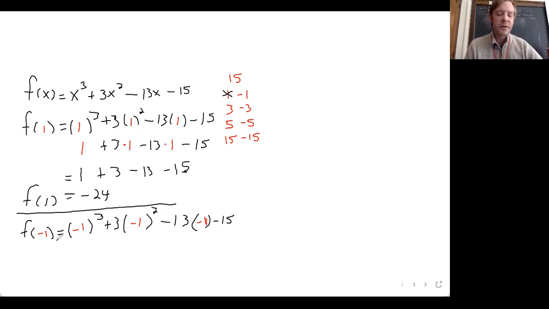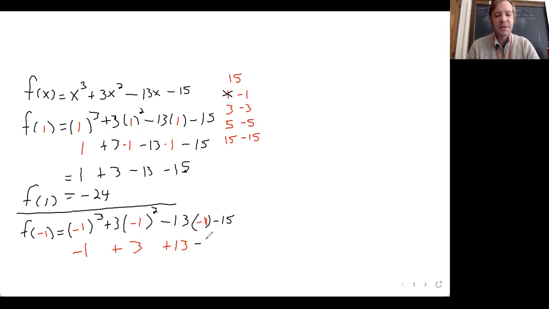So -1 to the third power, a negative times a negative times a negative will still be negative. So I've got -1 right here. -1 squared, negative times a negative is now positive. So 3 times +1 will be +3. And then here, -13 times -1 will now become +13 instead of -13.